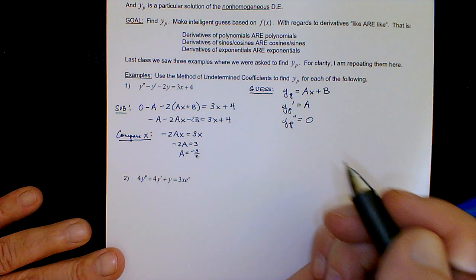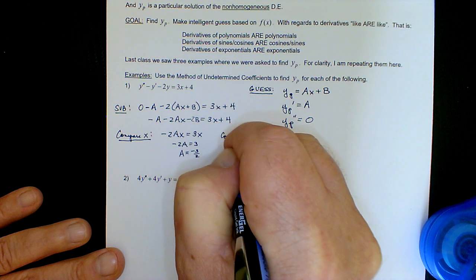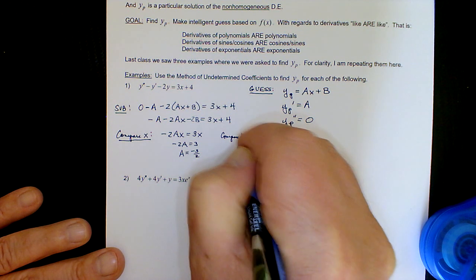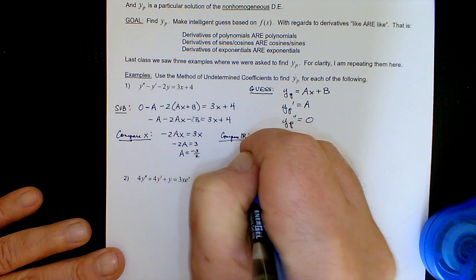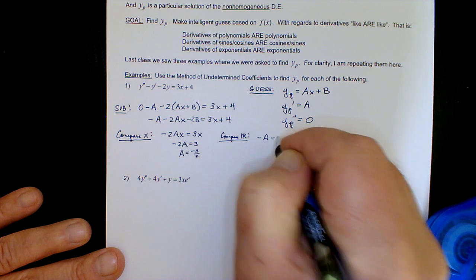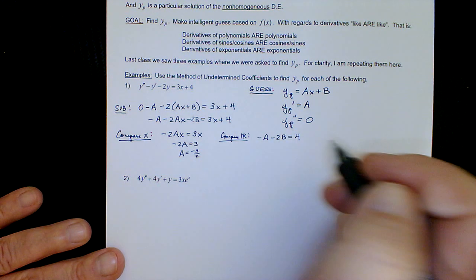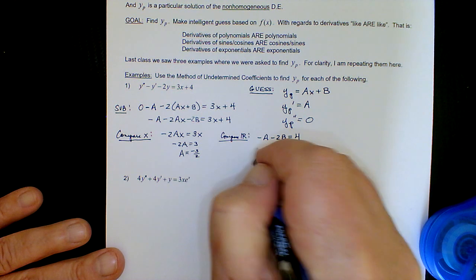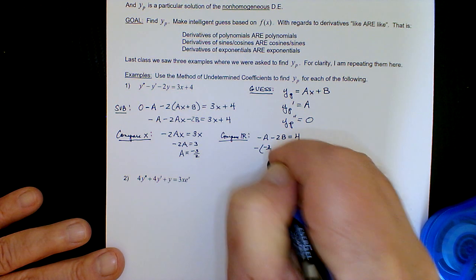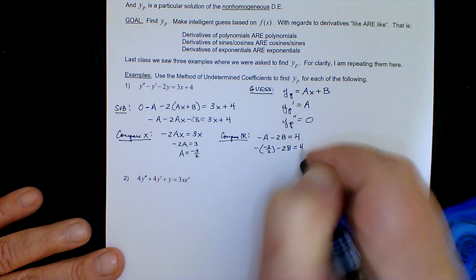is negative 3 halves. And then the only other thing we can compare is the constants, or the real numbers. And we have on the left minus a, minus 2b, and on the right just 4. We know what a is, so minus 3 halves, minus 2b is 4.